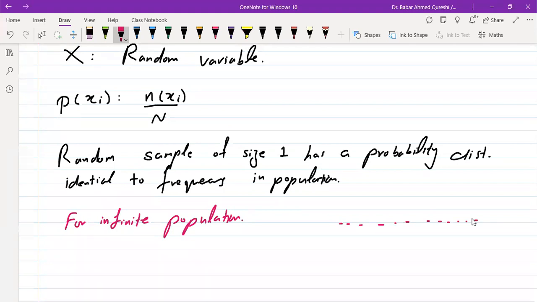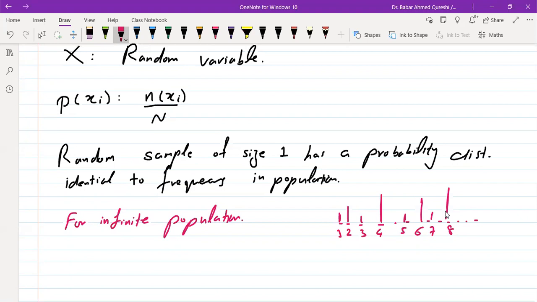Either they exist, which you do not have access to, or you are told. So you have a variable whose values are plotted here, and with each value you are given a bar plot of the probability. For example, my infinite population could be coins that you are constantly flipping, or the heights of babies who are born; it is not going to stop.